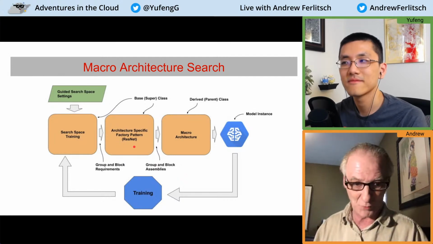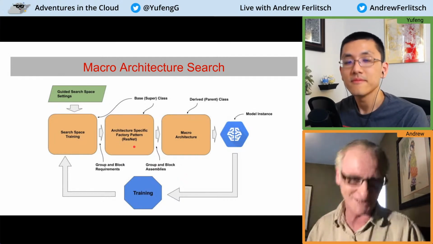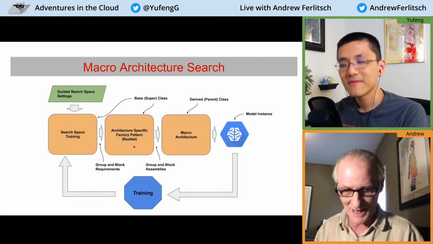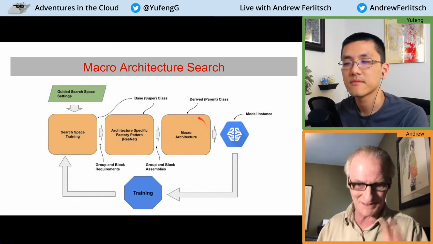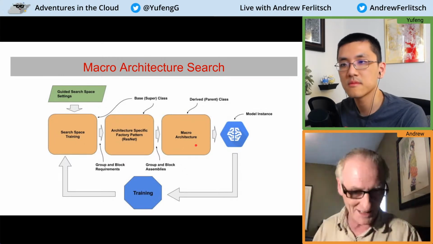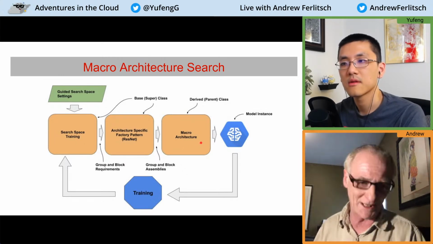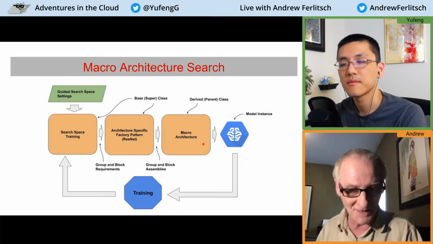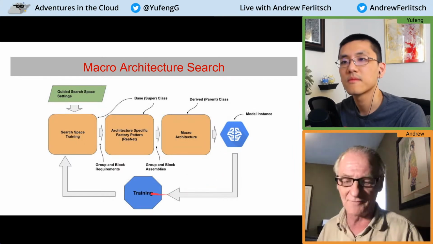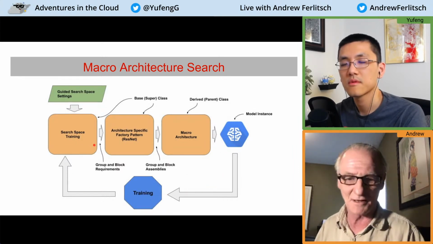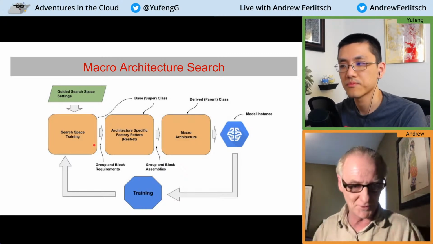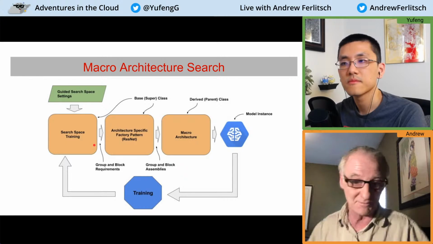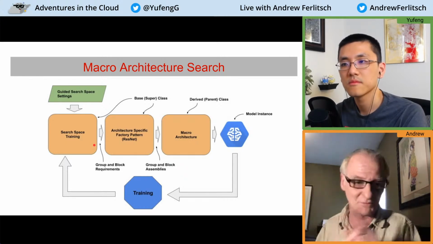It reads those requirements and creates the macro architecture for that architecture-specific one. That gives you the model instance, and then we train on it. We take the feedback, and then the search space driver makes a decision based on all this accumulated feedback how to improve those requirements, and then resubmits it back to the factory, and you just keep doing this.